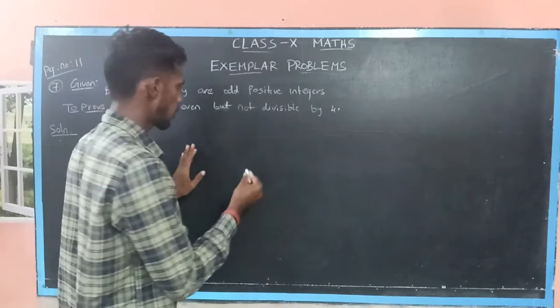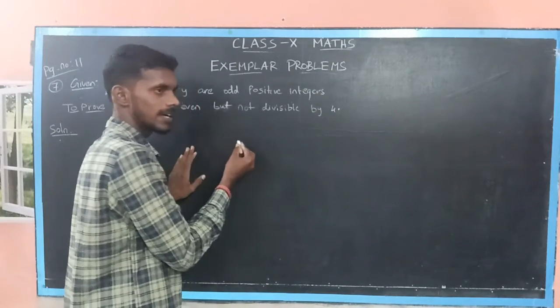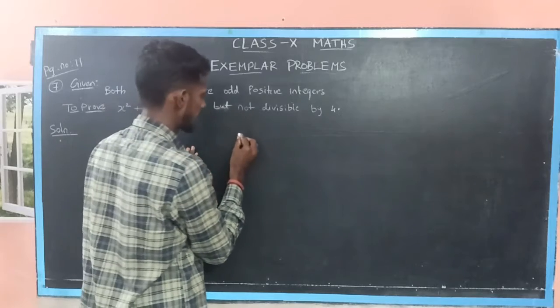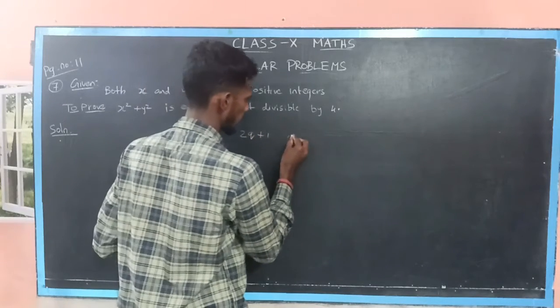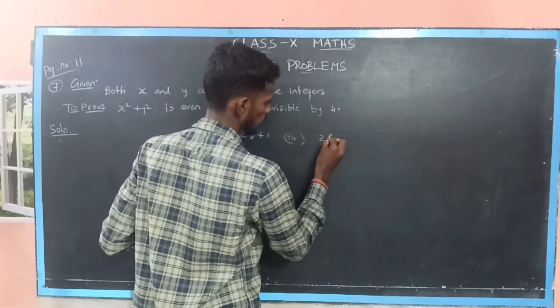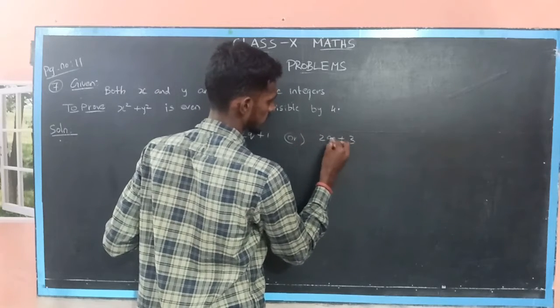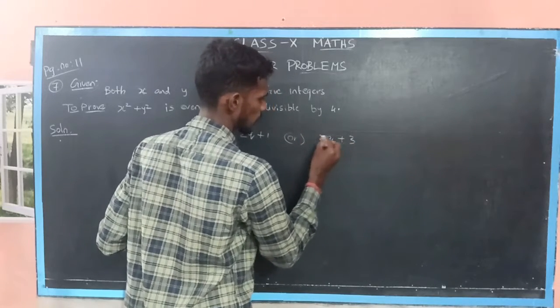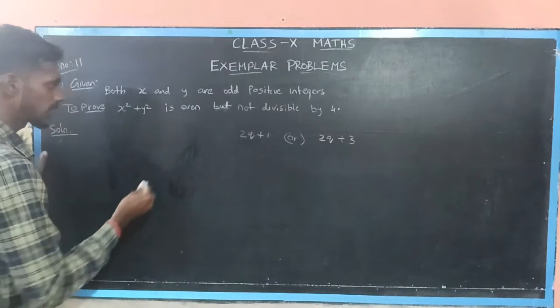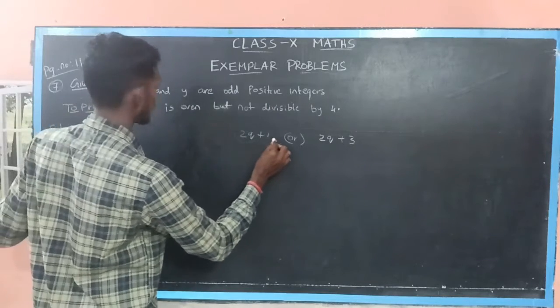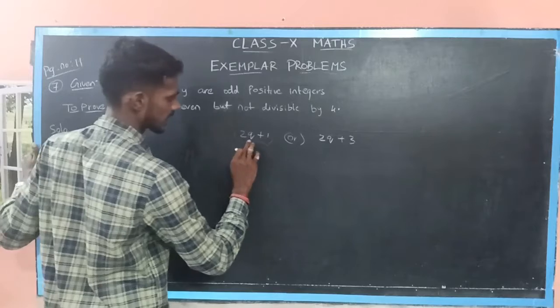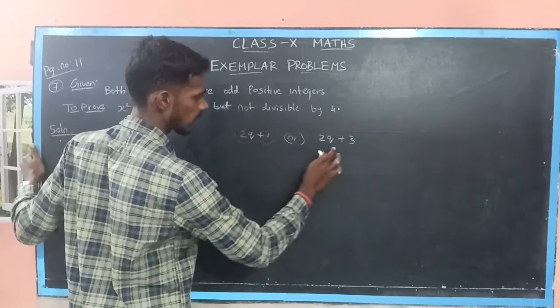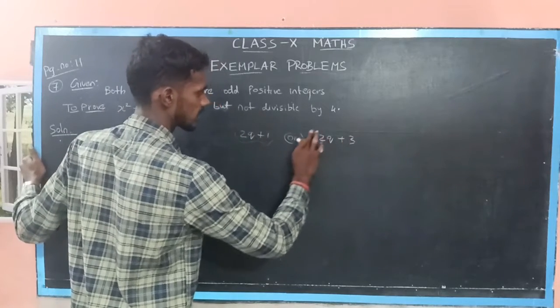In our previous problem we have seen that when a given integer is odd, it can take the form 2q plus 1 or 2q plus 3 according to Euclid's division lemma. So the given odd integers, that is x and y, can take either the 2q plus 1 form or the 2q plus 3 form.